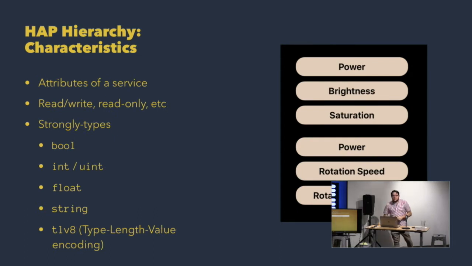But the actual properties, the things we may want to control about those services, are not just reduced to things like light or fan. What if it's a light that you want to control the color of, right? What if it's a fan you want to turn on or off the oscillation on?